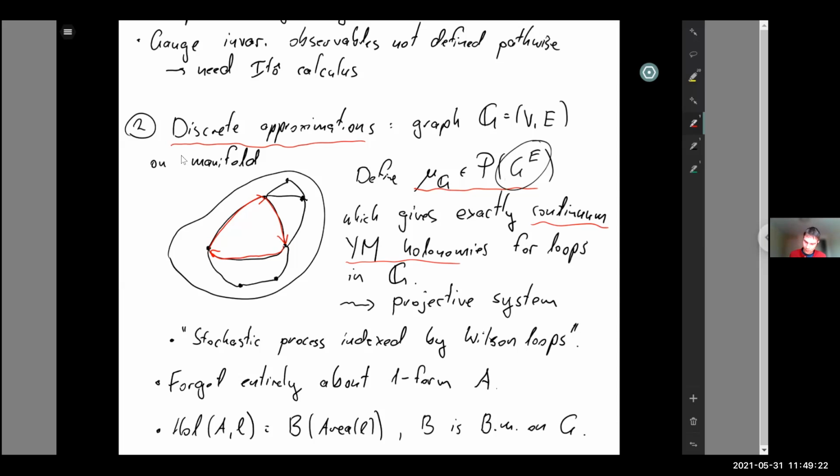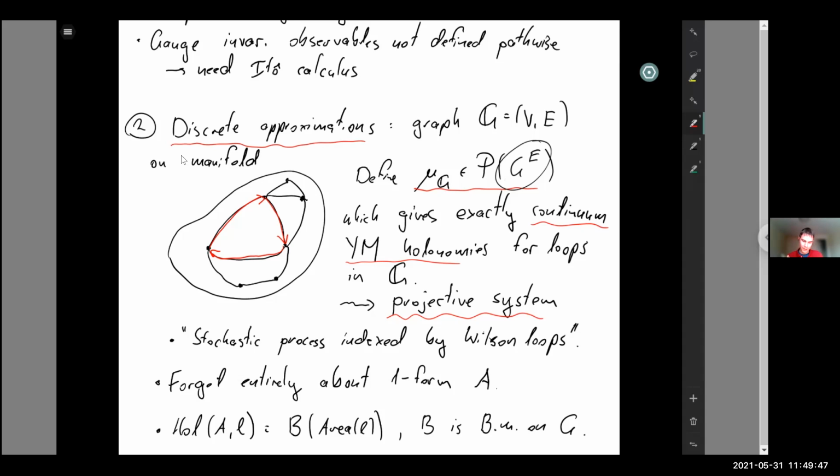What that ultimately gives you is a projective system of probability measures when you embed graphs into each other and take the refinements. Once you have this very nice projective system, you can take the continuum limit, and the outcome, vaguely speaking, is a stochastic process indexed by Wilson loops.